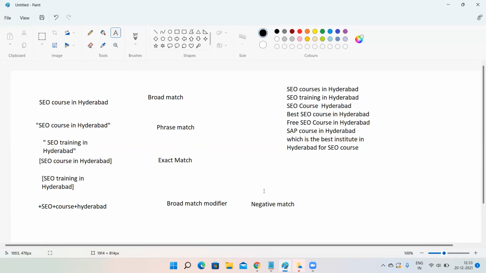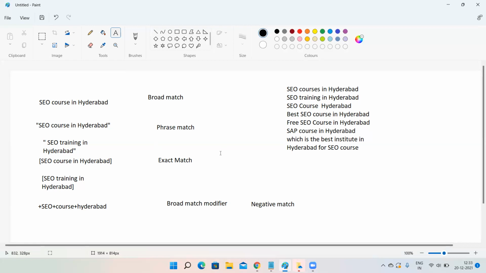This is about keyword match types. You have to understand these keyword match types, and because Google shows broad match by default, you should not mention broad match directly. That is wrong. Don't go like that. Any doubts in keyword match types? Broad match, phrase match, exact.